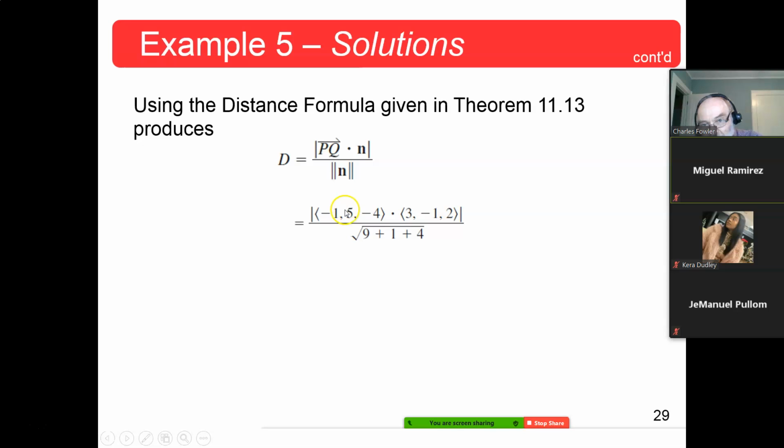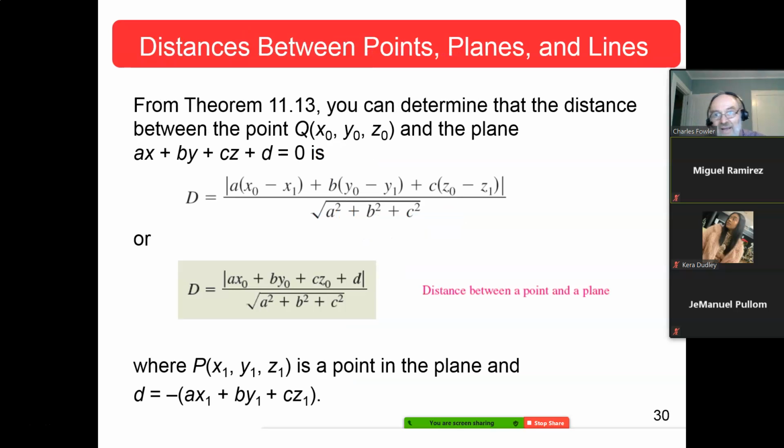So that was the dot product of this vector PQ, it didn't matter which one you did, dotted with n, that was this one, divided by the magnitude of n, which is that, and that gave you minus 3, minus 5, minus 8, divided by square root of 14, and that's 16 over root 14, which is approximately 4.28. Okay, stop there. We will pick up from there next time. So we did example 5.